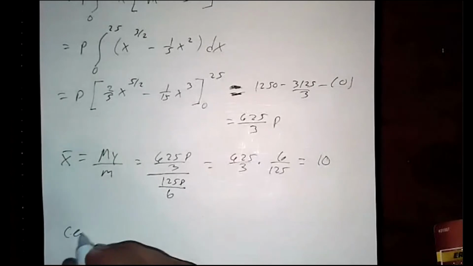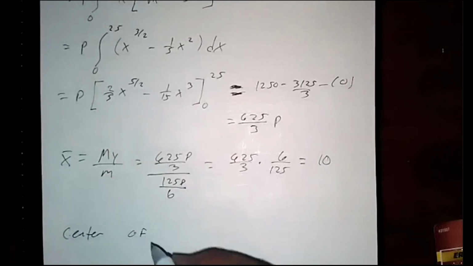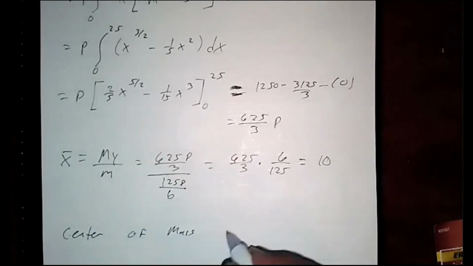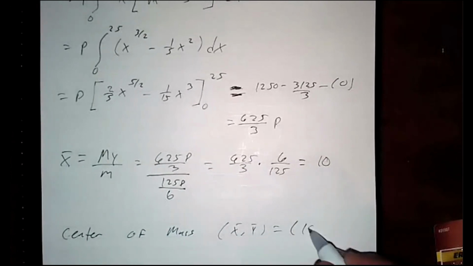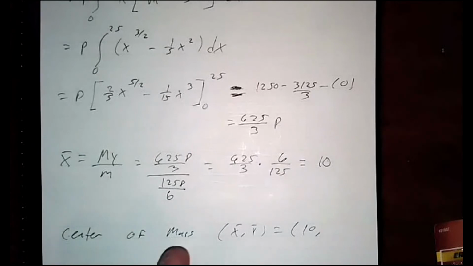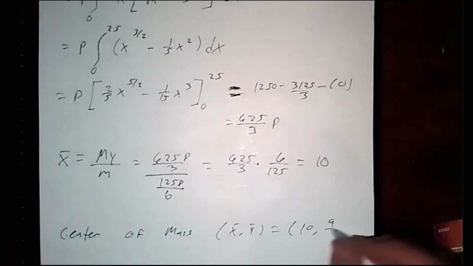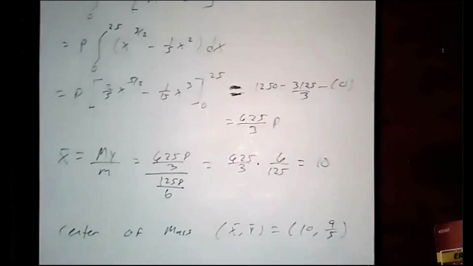So center of mass, x bar, y bar, is equal to 10 and 9 something, 9 fifths. 9, was it fifths? 9 halves, sorry.